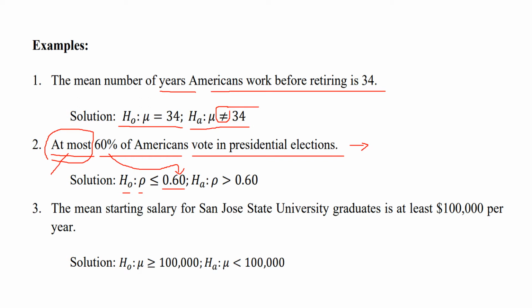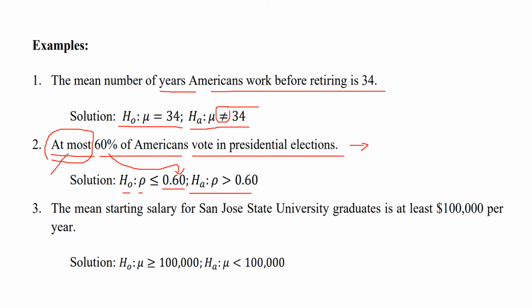Meaning to say that the maximum value that we can meet for the population proportion is 0.60. It can be equal to 0.60 and less than 0.60, but not more than or greater than 0.60, because there is a keyword here, at most: the maximum value that we can meet for the population proportion is 60% or 0.60.